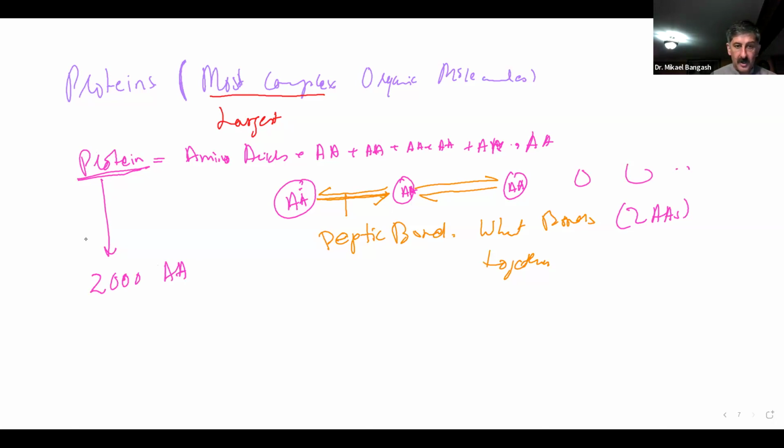When these peptide bonds are broken, what is going to happen? 2,000 molecules of amino acids will be released. Again, some of these amino acids may make bonds with other amino acids coming from other proteins to make new proteins. Did you guys get that?